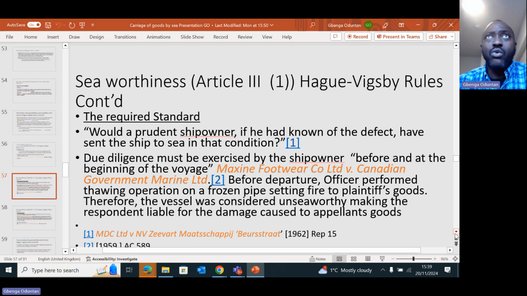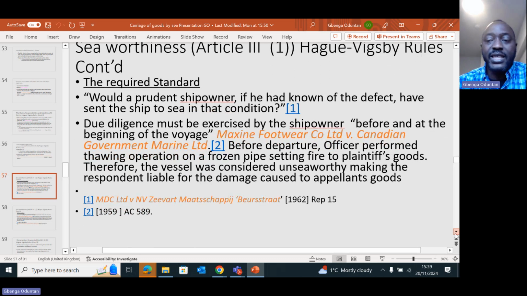Seaworthiness is actually a wide category that takes in a number of things which might not at first be apparent.